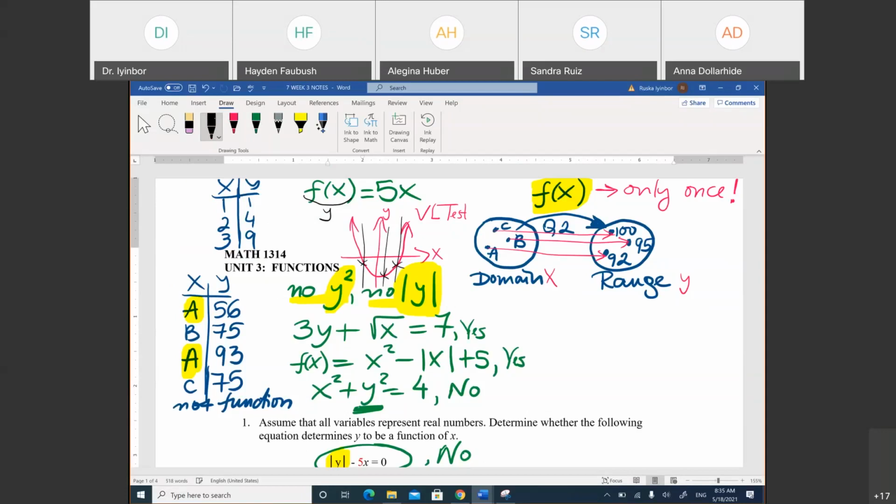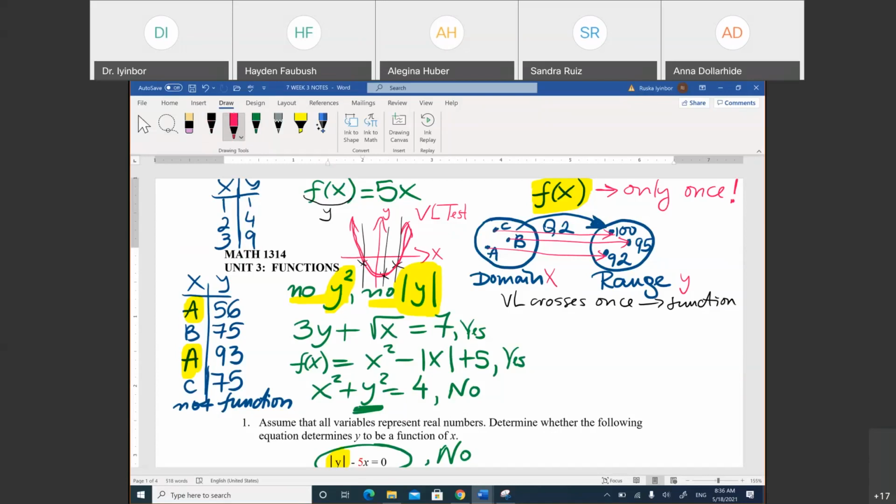If you cross once, it's a function. If you cross more than once, it's not a function. So that's the rule. If the vertical line crosses once, it's a function. If your vertical line crosses more than once, it's not a function. Make sense?